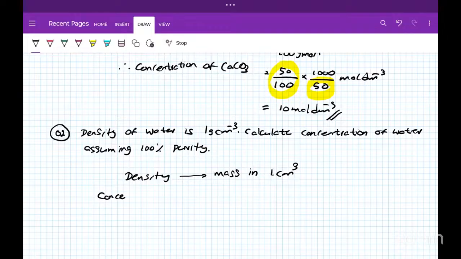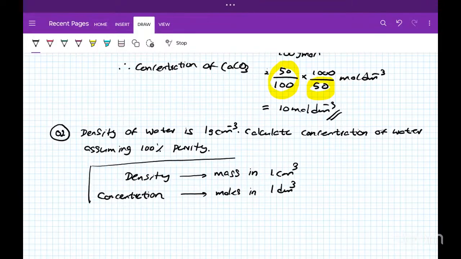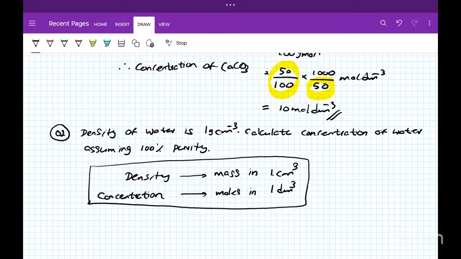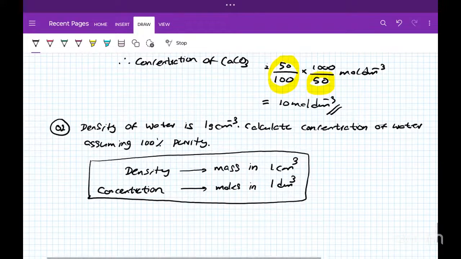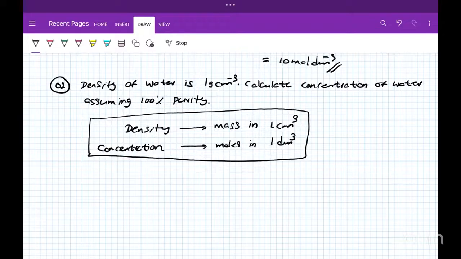Concentration means moles in 1 cubic decimeter. Here for density I have used 1 cubic centimeter because that is the given one. Otherwise, you can say unit volume, right? So there is some kind of relationship between density and concentration.